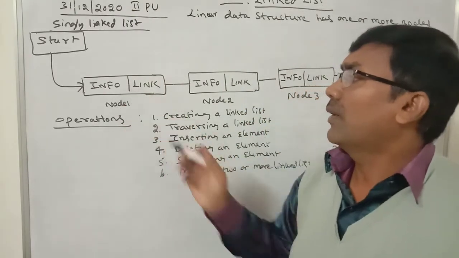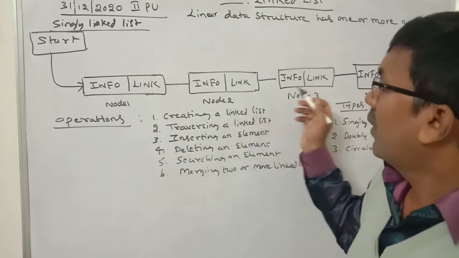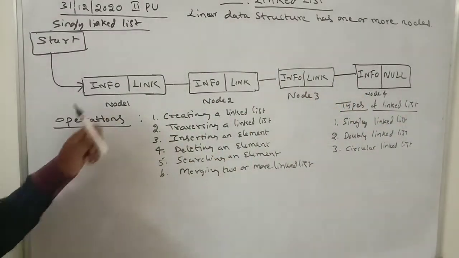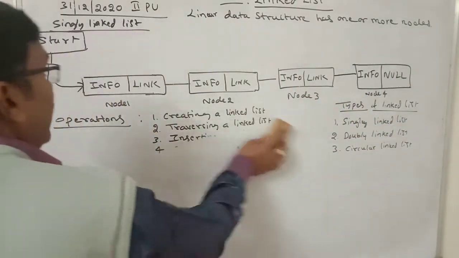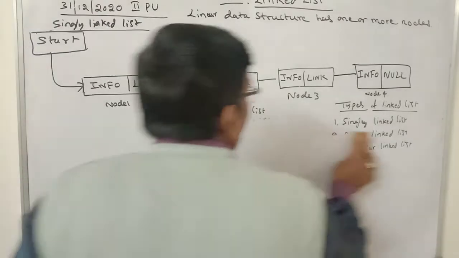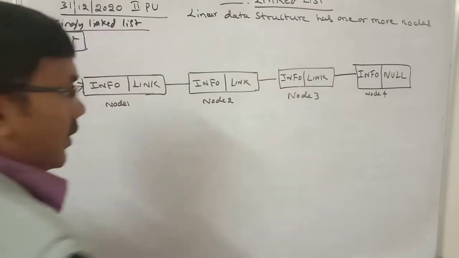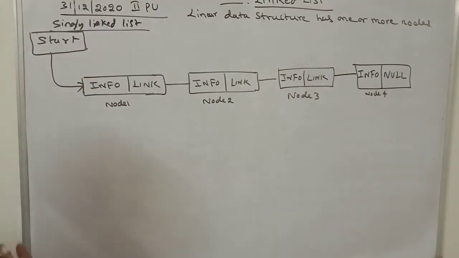Node 1 contains information and link. The info part means you can have the data here. This can also be represented like this.